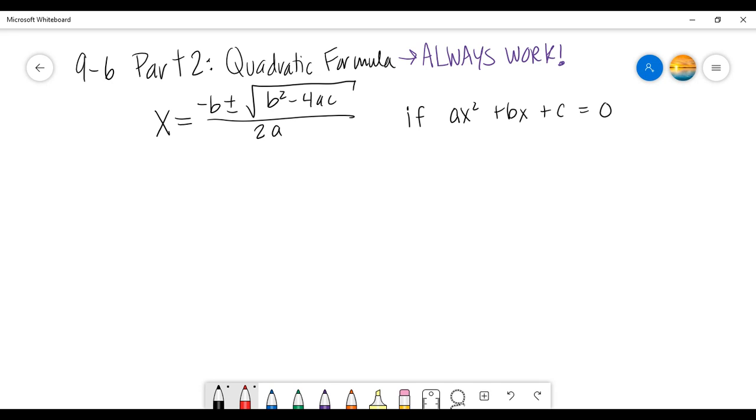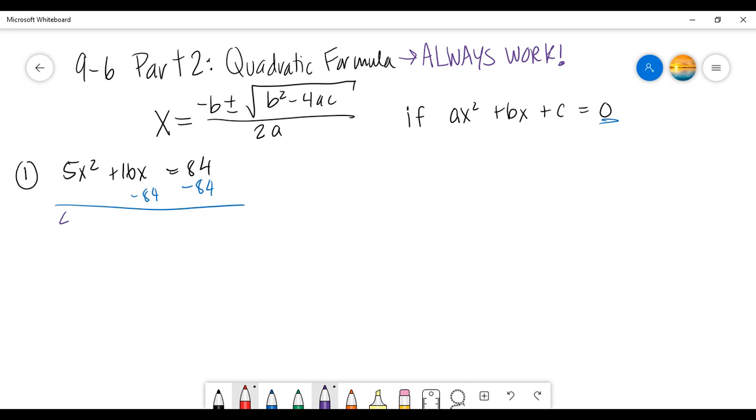Okay? So in our first example, we have 5x squared plus 16x equals 84. Now, the problem with this is a quadratic, it's nice, but it's not in standard form. So if we want to use the quadratic formula, we have to put it in standard form. We have to make it equal to 0. So we do that by subtracting 84 from both sides of the equation.